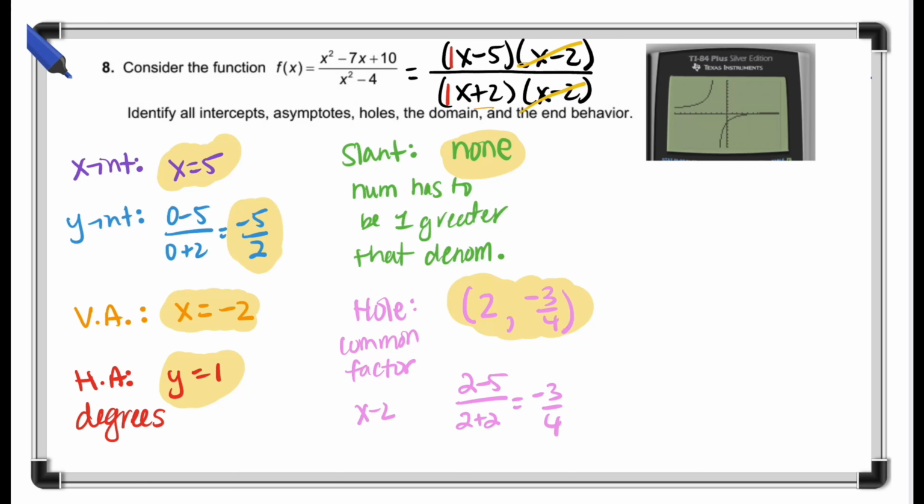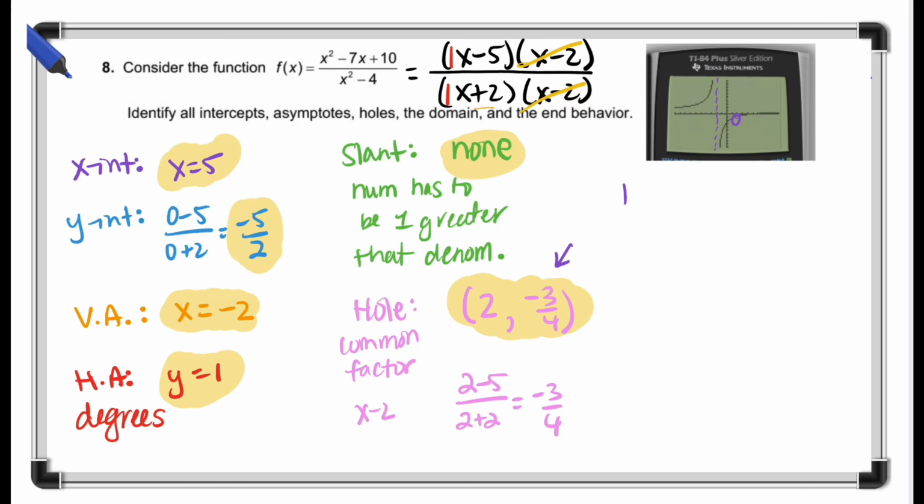Now to find the domain, you will have to graph so you can check. Here is what the graph will look like. It almost looks like the domain is all real numbers except for that vertical asymptote at negative 2. But don't forget that you do have a hole. You have negative 2 with the vertical asymptote, but at 2 you have a hole right here at 2, negative 3/4.